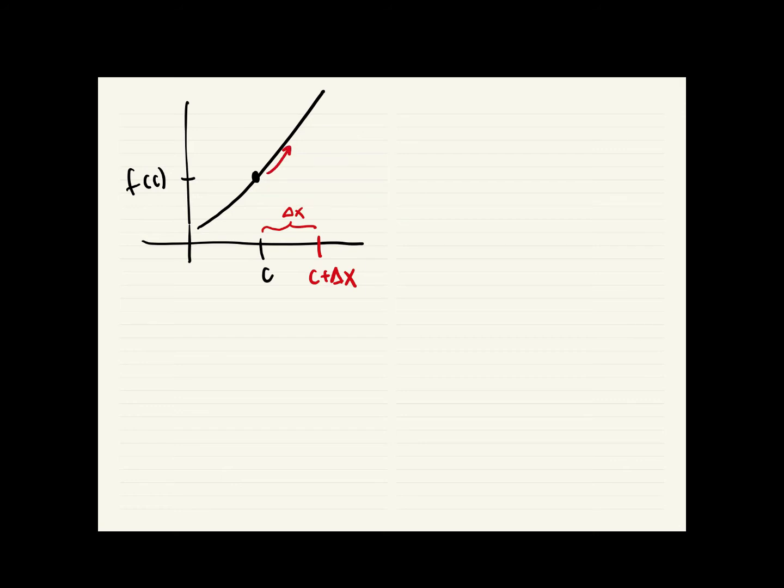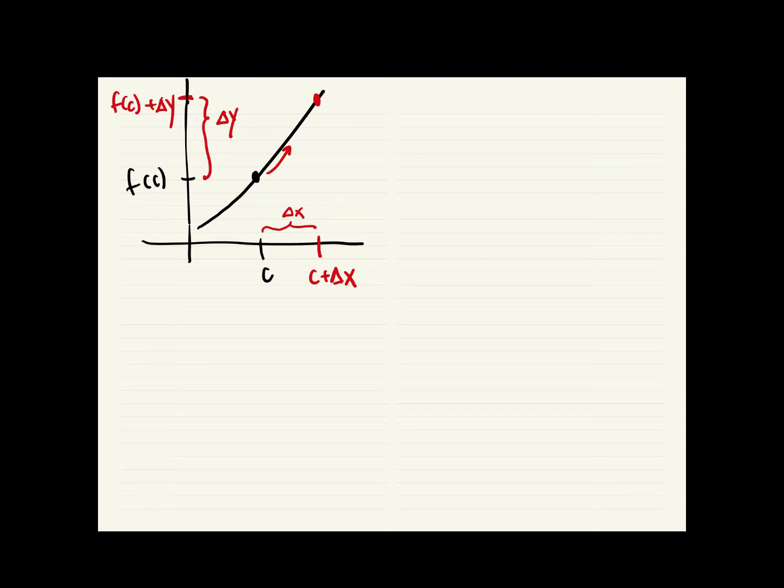Adding that delta x pushes my point up the graph in that direction, and it ends here, and that has a y value that's up there. So this value up here is f(c + delta x). This distance that the y values have changed is what we call delta y. So this delta x, this change in the input, leads to this change in the output.